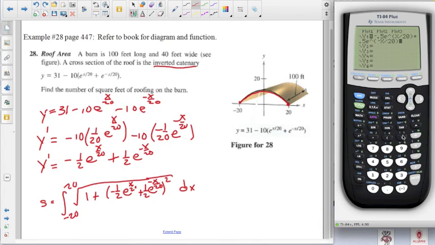So there's the derivative. Let's just review this. Minus 0.5 e raised to the power x over 20 plus 0.5 e to the power opposite x over 20.